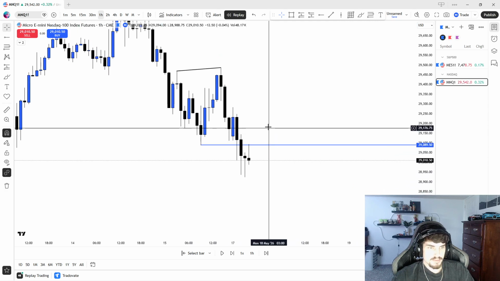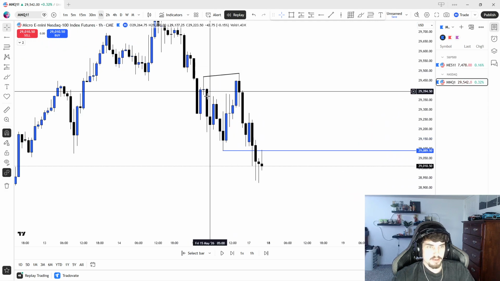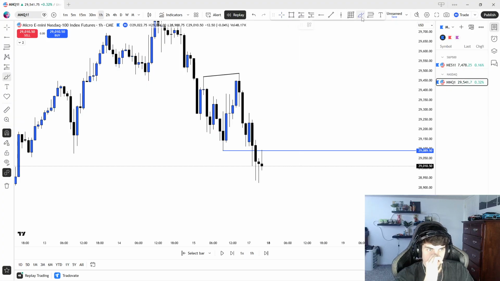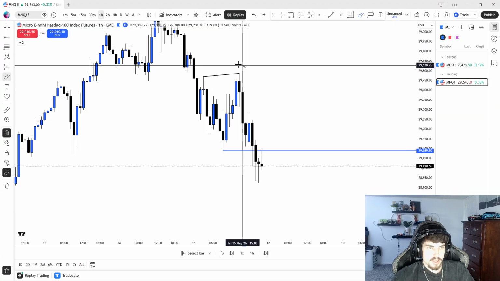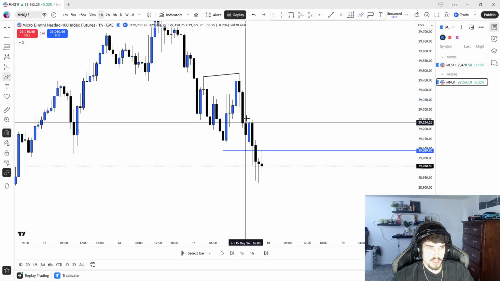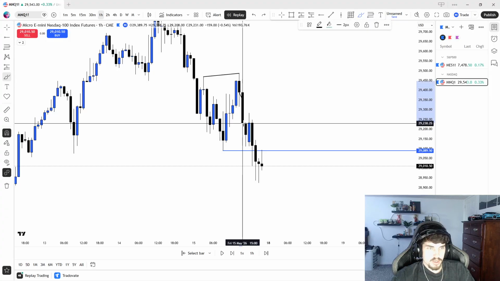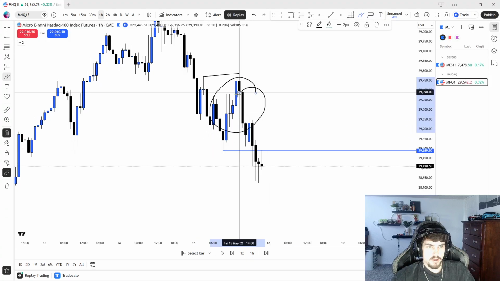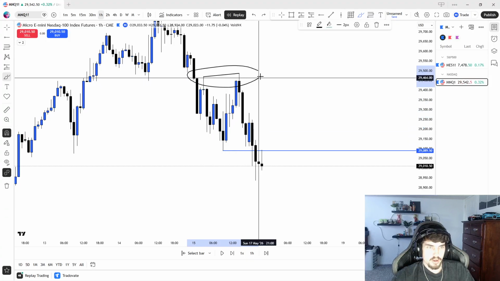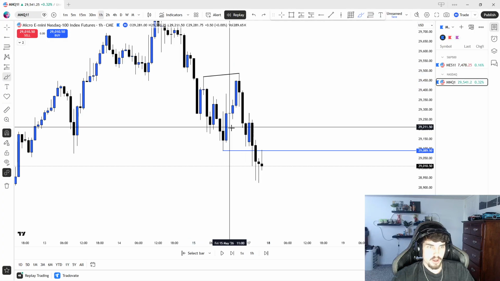Once that is completed, this SMT is no longer valid to show us that we want to go lower anymore. When we had this SMT and saw these reactions to the downside, we use that as one of our confluences to say that was a good indication that we wanted to dip down lower on this low.